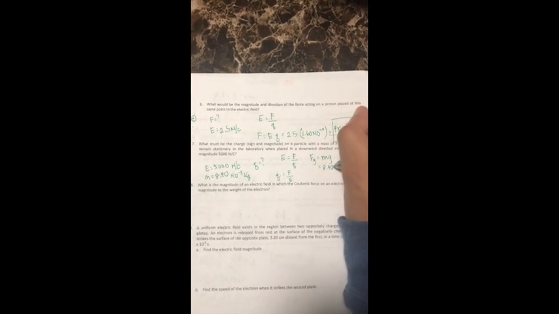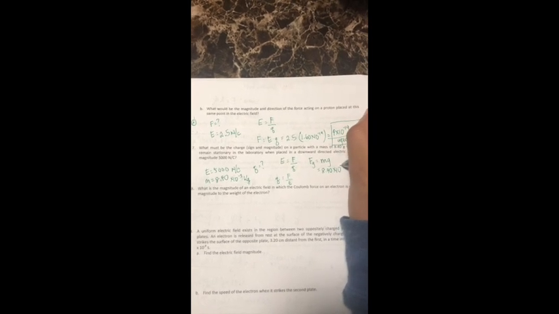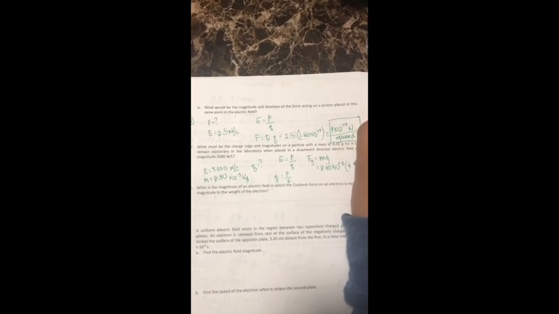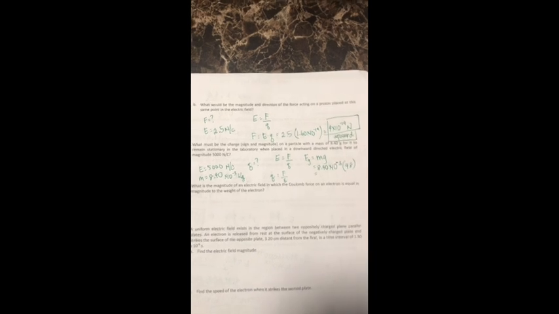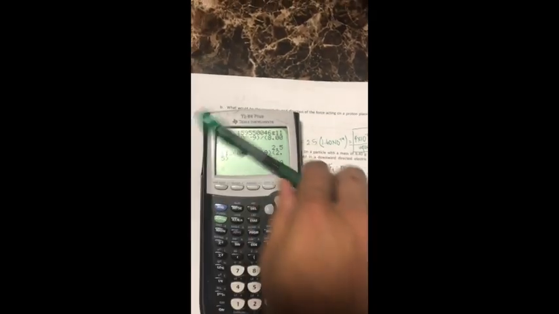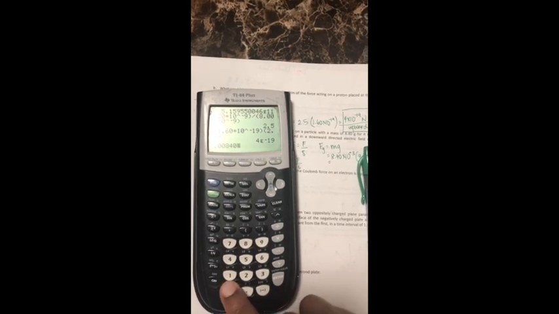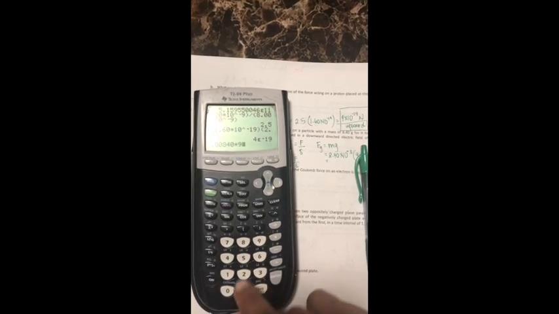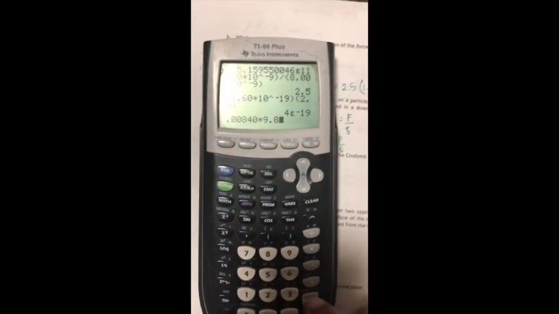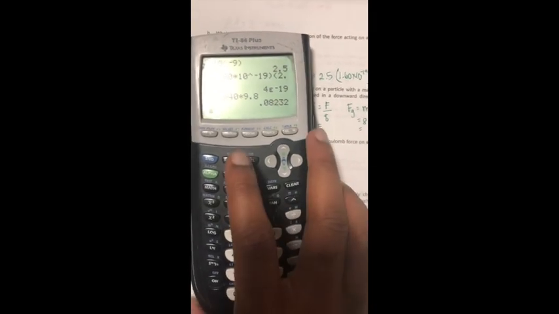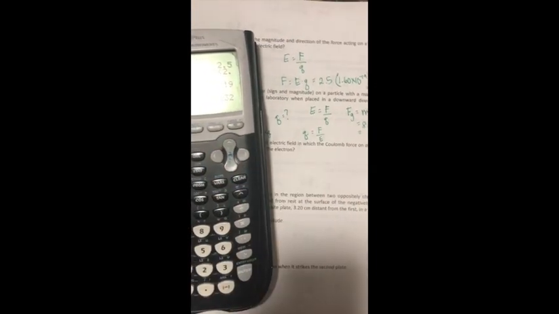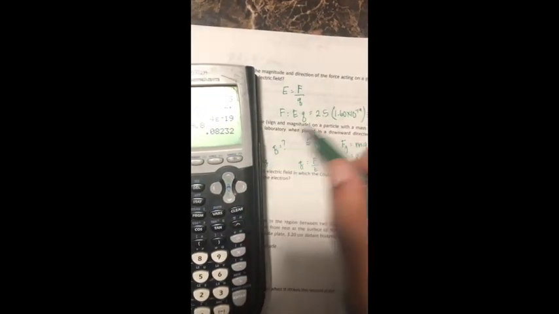So 8.40 times 10 to the negative 3rd times 9.8. You should get 0.08232.